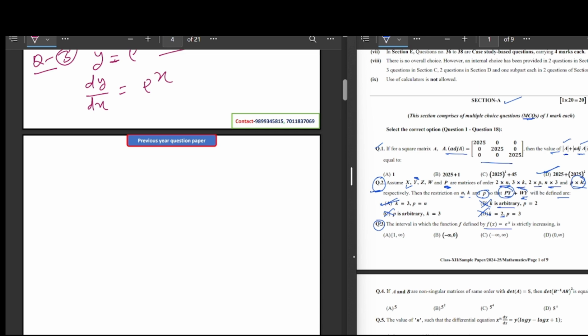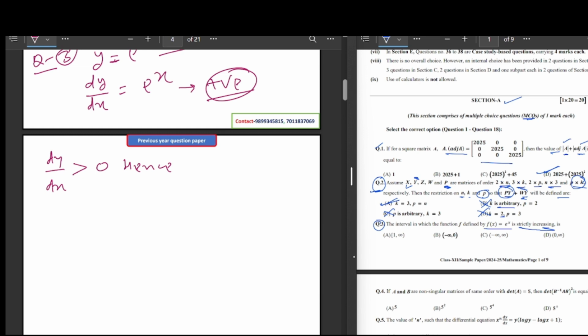Question number 3 talks about this strictly increasing. So for increasing in the domain R of the function, dy by dx is greater than or equal to 0. Hence the function is strictly increasing, because this is positive. So we can write dy by dx is greater than 0.